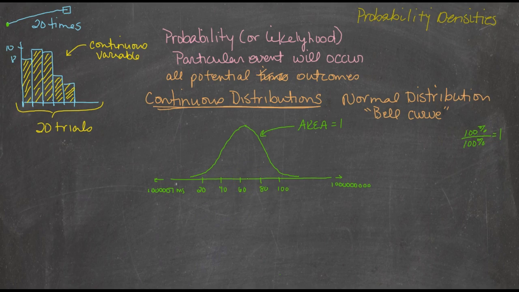But suppose you want to know maybe what is the probability of this random time here occurring? Well, on the bell curve, if all of the curve represents 1 or 100%, then I can choose some range around that point, or that actual time I'm looking at.